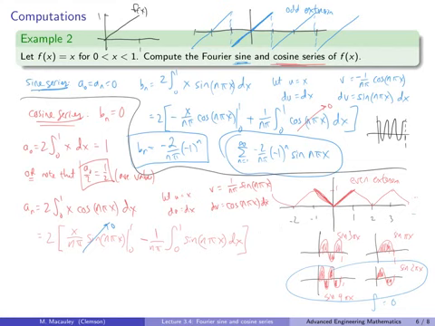So let's integrate this. Let's bring the 2 inside, or bring this out, doesn't matter. I'm going to write this as negative 2 over n pi, and now we're going to integrate this. We get a cosine, and we divide by n pi again, so 2 over n pi quantity squared.